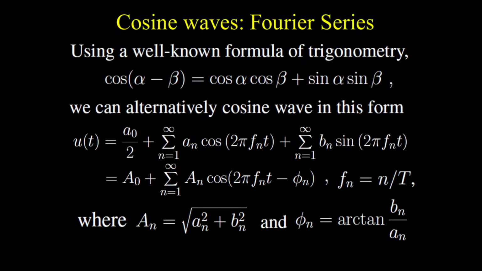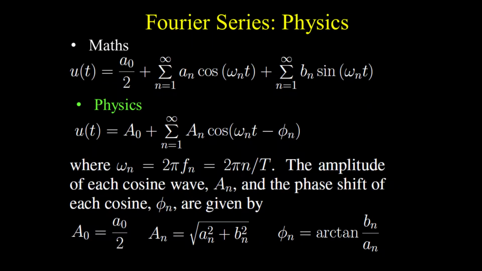phi n. When bn is positive, the phase shift is a lag in the range between 0 and pi radians. And when bn is negative, the phase shift is a lead between 0 and pi radians. The amplitude An is always positive and independent of the time origin, whereas the phase shift depends upon the location of the time origin.